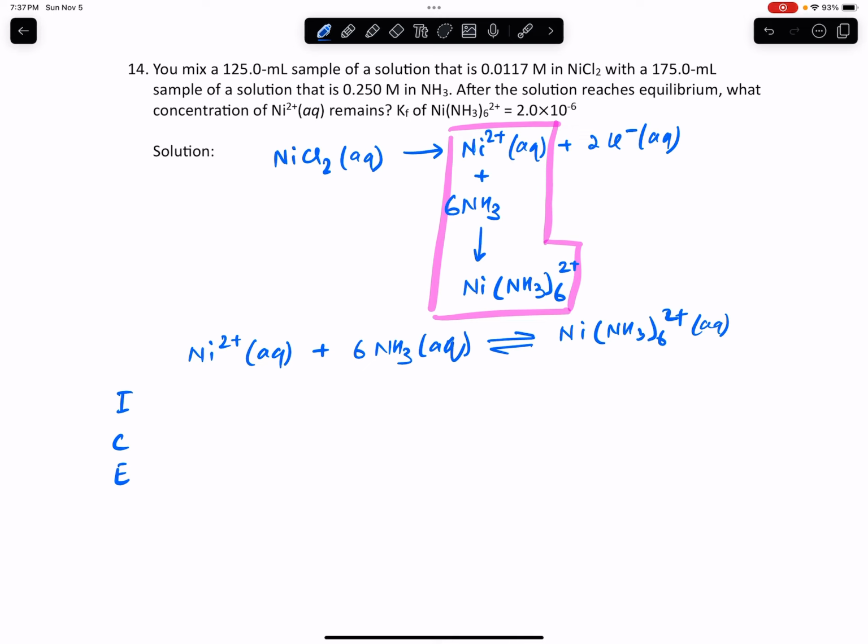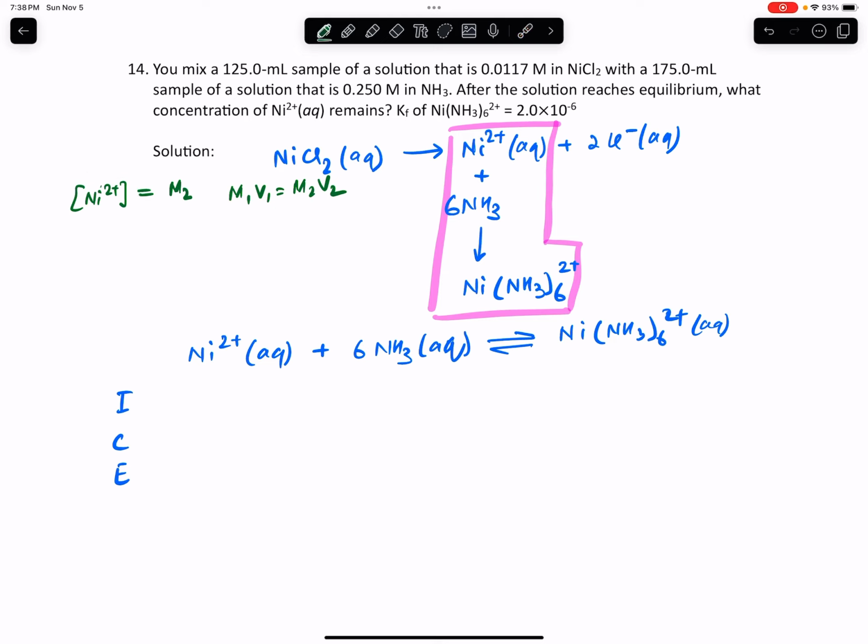I'm going to do it out here in green. For nickel 2 plus, let's call the concentration M2. We're going to use our formula, M1 V1 equals M2 V2, to solve this. M1 V1 is the initial molarity given to us times the initial volume, and M2 is the final molarity that we're trying to calculate, and V2 is the final volume.